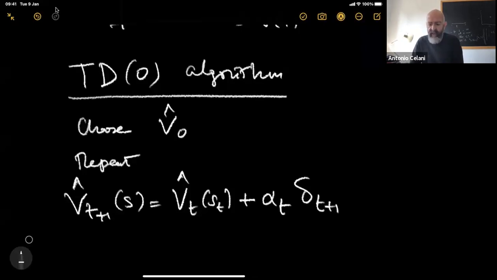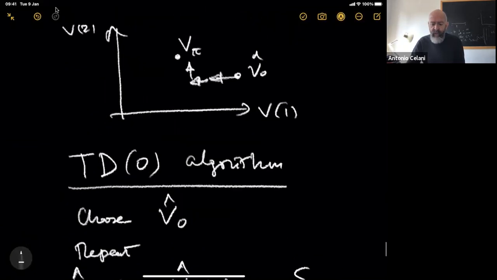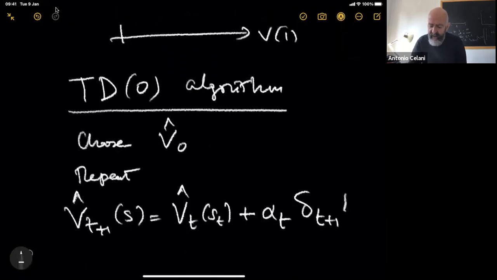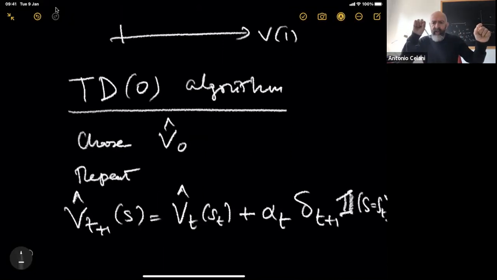Now here you have to choose in which direction you want to move. And this rule of going along the axis, depending on what you visit, tells you that here, this should be 1 if you are in the state that you are just visiting. So of your vector, you just change the entry which belongs to the state you have just visited. Then you move to another state, you sample the error, and you check, okay?